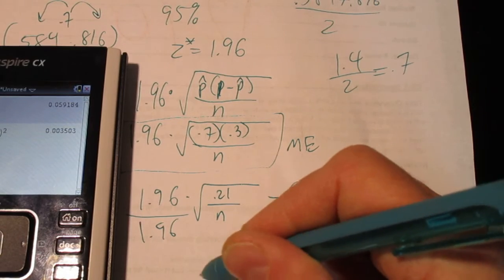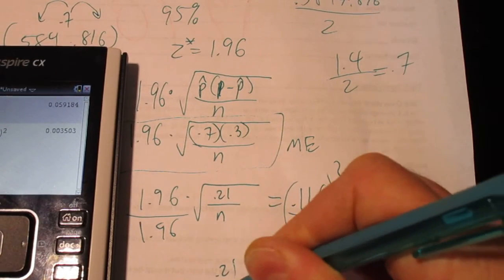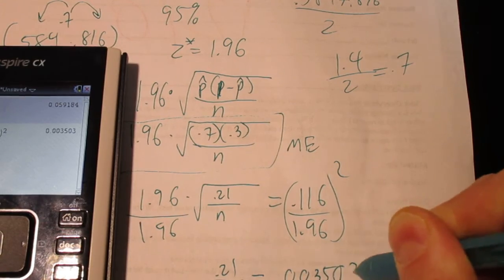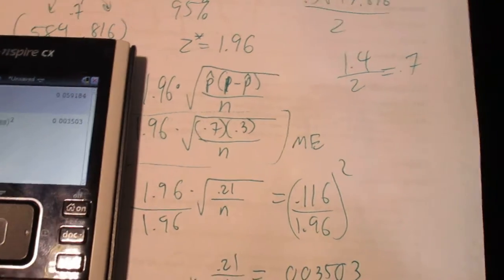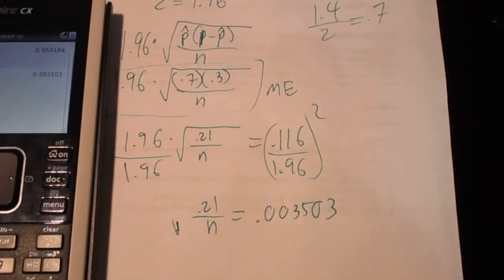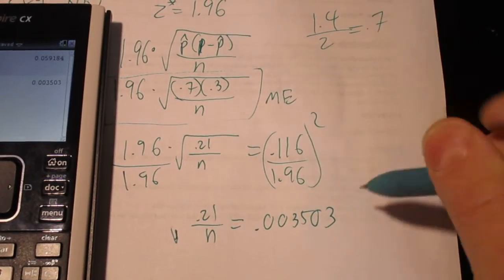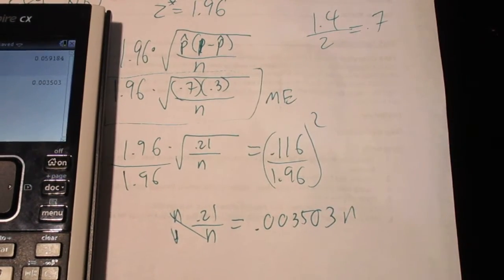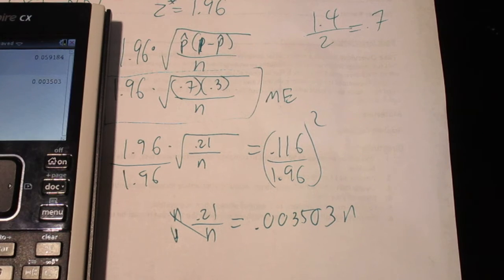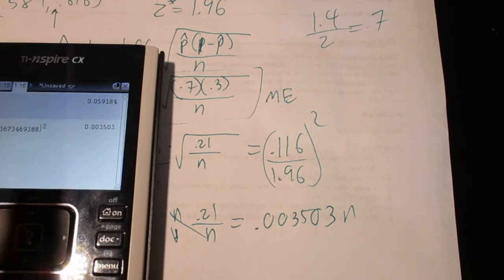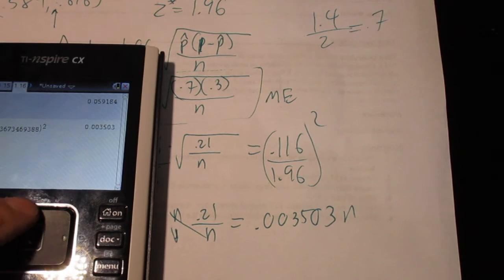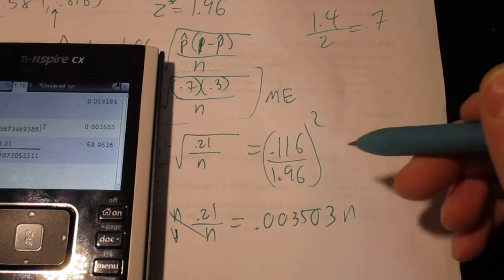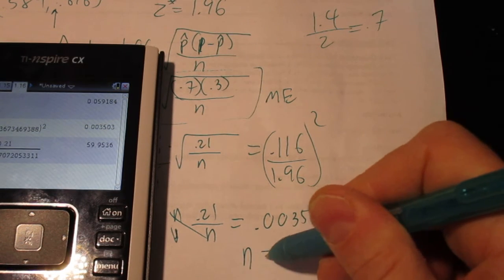So, 0.21 over n equals 0.003503. Whatever, I don't know what's important, so I'm going to keep some more digits. Multiply both sides by n. Boom. So 0.21 divided by that thing. 59.95.